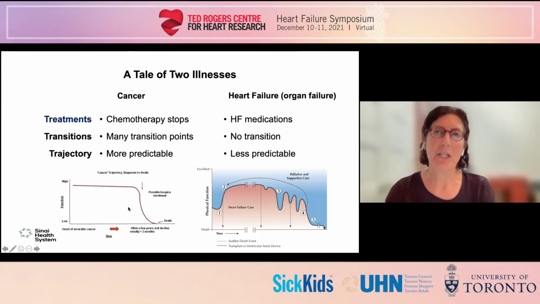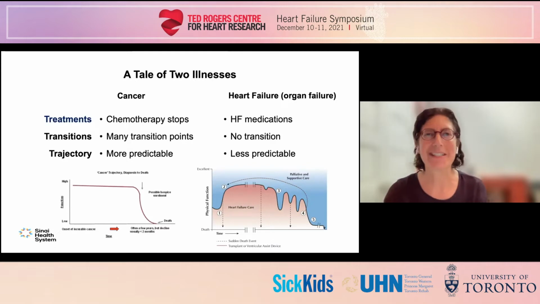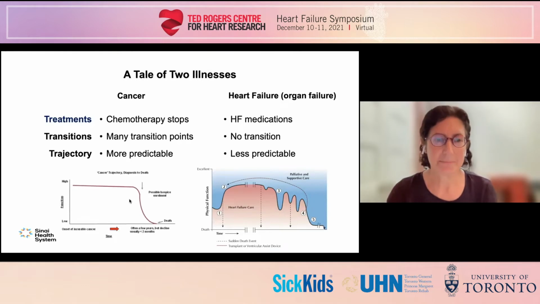And I think we know of lots of the referral criteria for palliative care units, for palliative care, sort of 3 to 6 month prognosis. And in oncology, that's actually not that hard to figure out. And then there's a steady decline. There's going to be some ups and downs, of course, but generally when somebody is bedbound and approaching end of life with cancer, you don't really see a sudden or dramatic improvement.